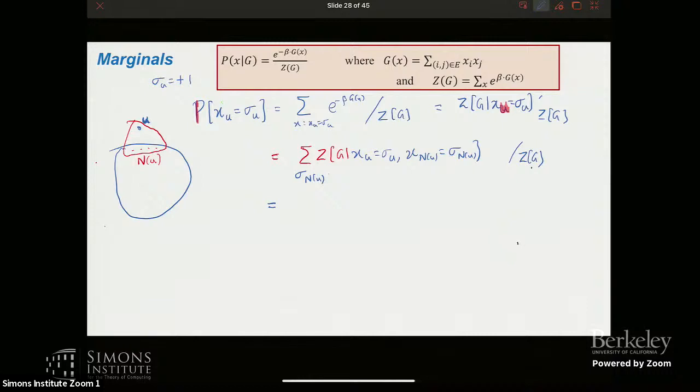Because of this conditioning on the entire neighborhood, I can write this as a sum over all the assignments to the neighbors, all the 2 to the d assignments to the neighbors. And then I can take out the contribution of the neighbors, because it's fixed now, because all of the terms in the neighborhood are fixed.